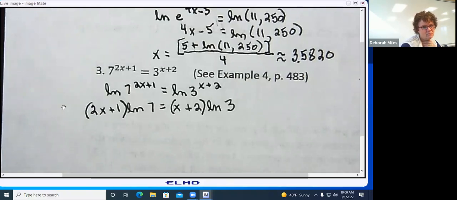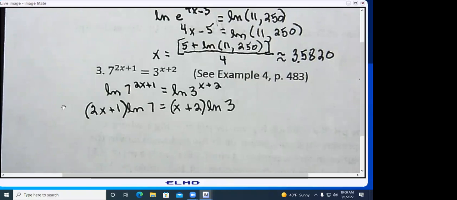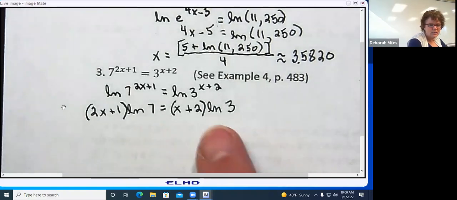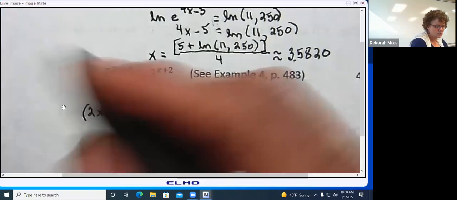You can see that? Okay. So here, instead of dividing and having a rational expression on both sides, I'm just going to clear out the parentheses. Distribute the natural log of 7 on the left, distribute the natural log of 3 on the right.